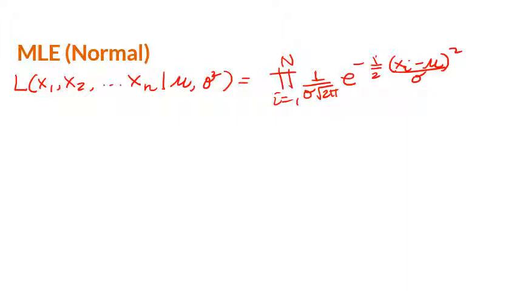So this is your likelihood function as a product of PDFs, or probability distribution functions, of independent xi's.